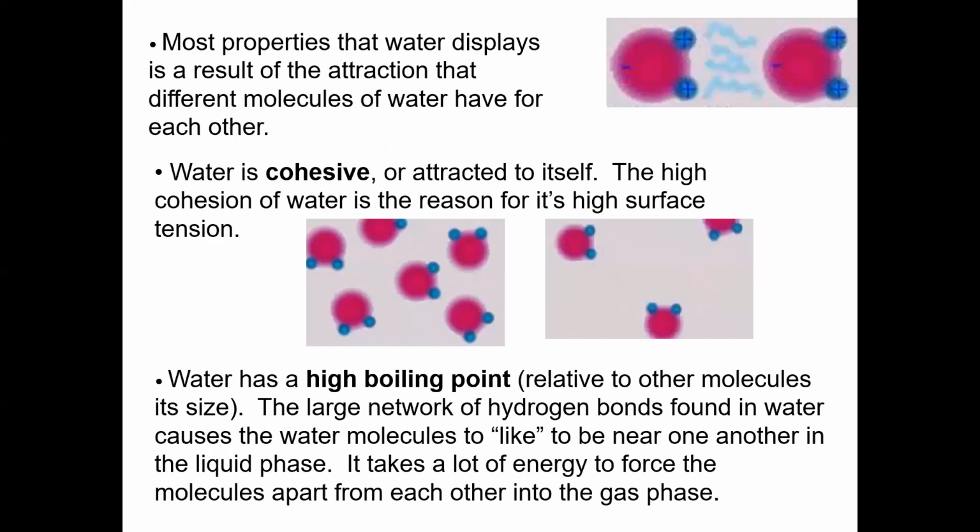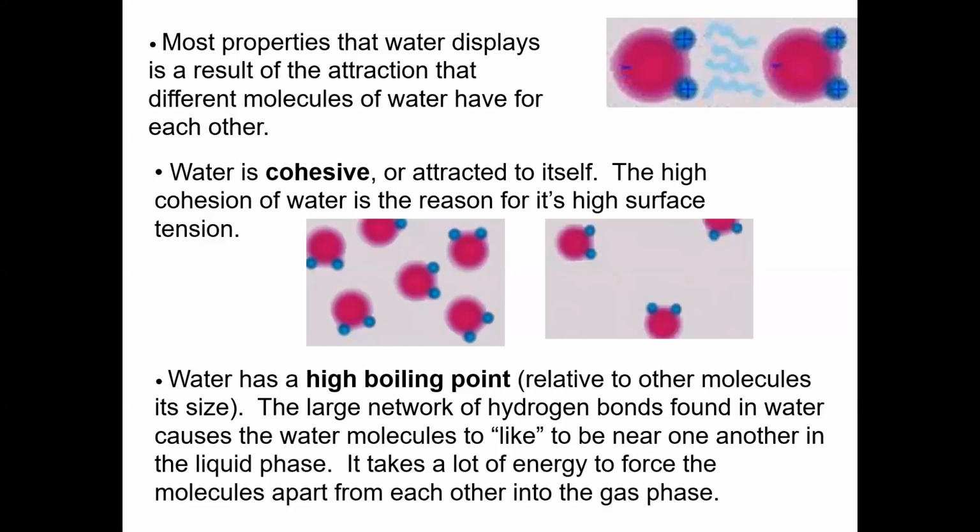Most properties that water displays are a result of the attraction that the different molecules have for each other. Water is cohesive, and that means that the molecules of water get attracted to each other. This high cohesive nature of water is the reason why water has high surface tension. You can see insects can land on water. Even some birds can land on water because of the cohesive nature of water.